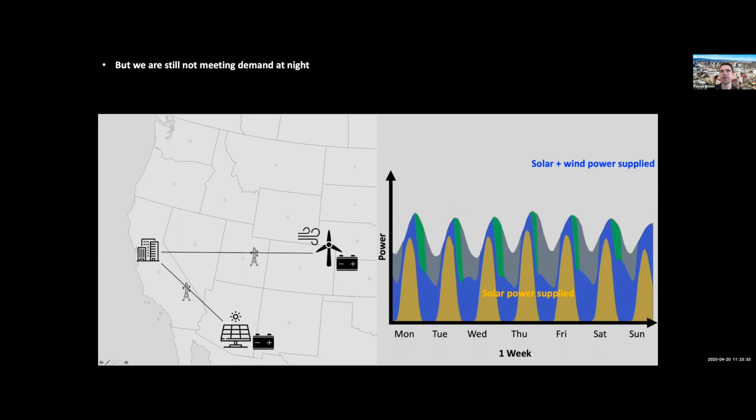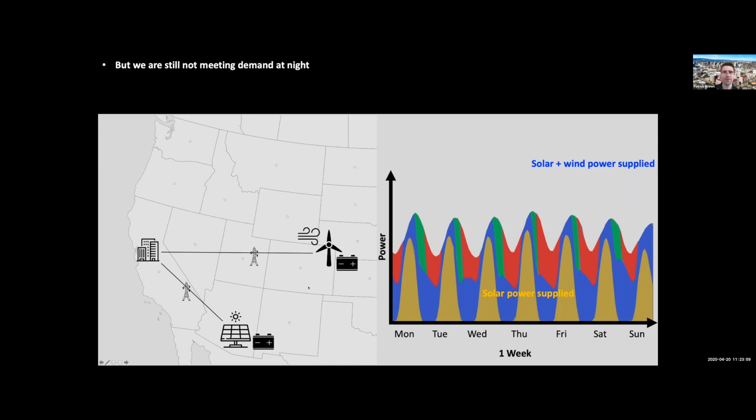Okay, but in this situation we still don't have enough energy supplied at night. So we have what's called unmet demand, where we're storing some of the energy during the day and we're releasing it at night for a while, but then we run out. And so each night from, let's say, 3 a.m. until the sun starts coming up at 6 a.m., we don't have enough energy.